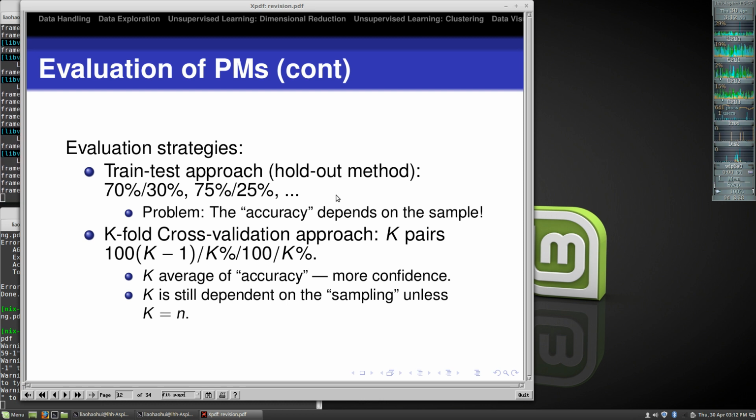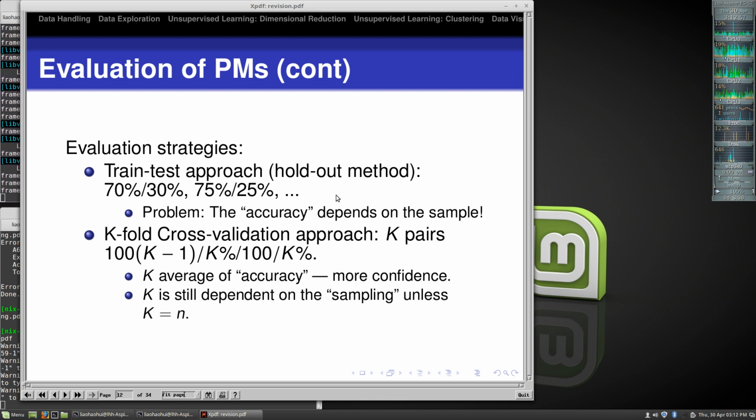If we have very few data, setting something like 70-30 is not nice, because the model may need more data to train it properly.